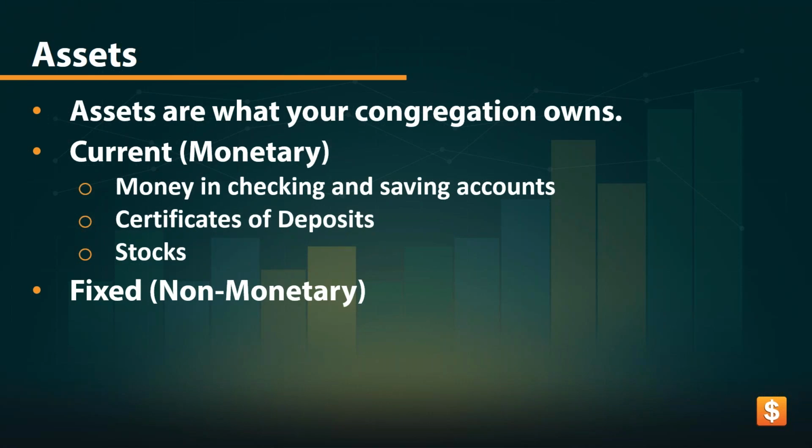When it comes to fixed assets, these are going to be buildings, land, and it could be equipment as well. Depending on how in depth you want to go with your assets, every church enters in current assets, only some churches enter in fixed assets.